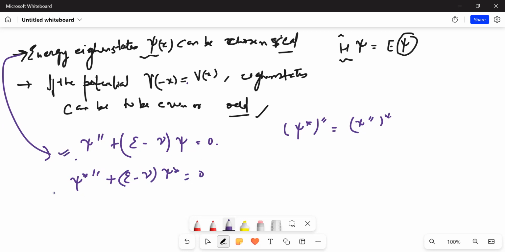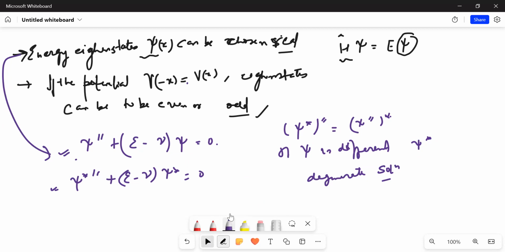So if psi is a solution, then psi star is also a solution. Now, if psi is different from psi star, which indeed it is, then definitely it defines a degenerate solution.